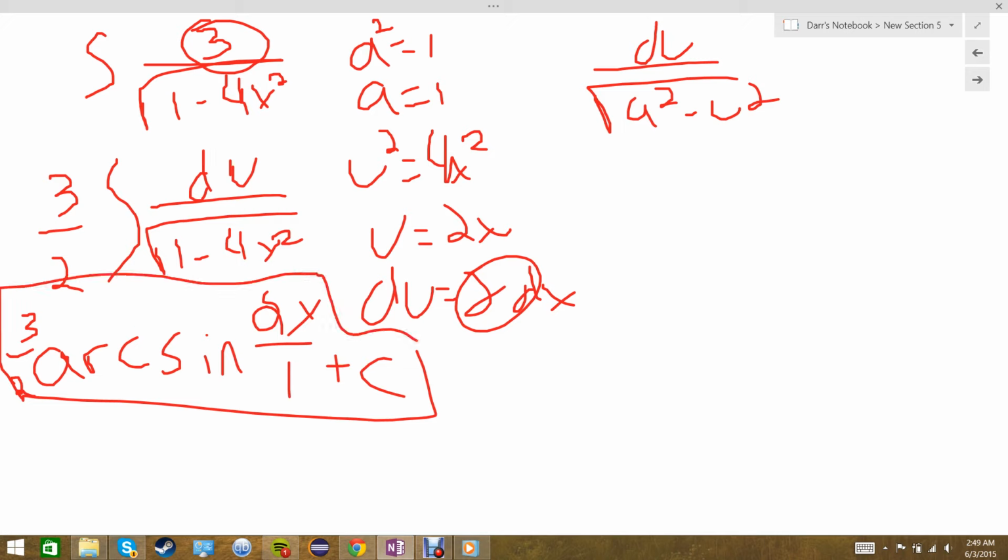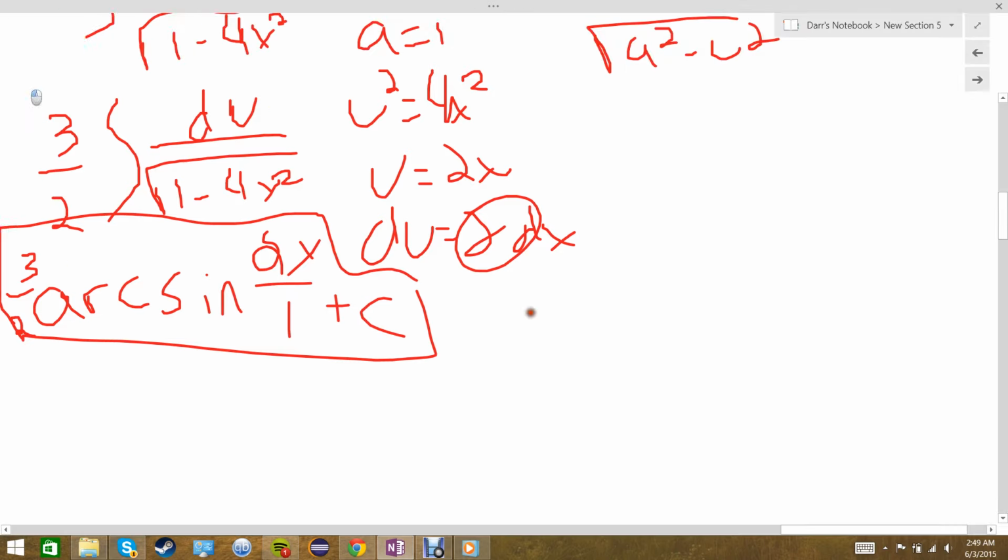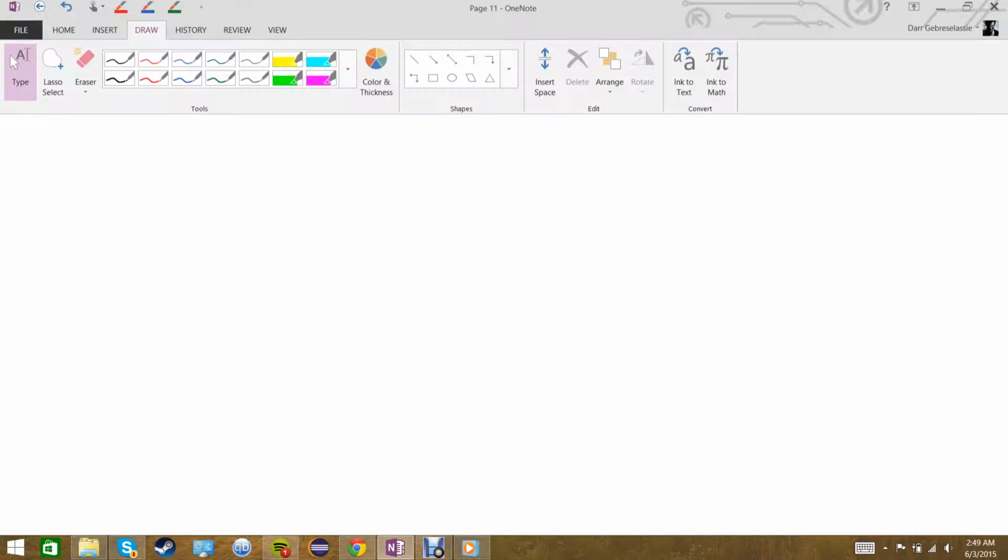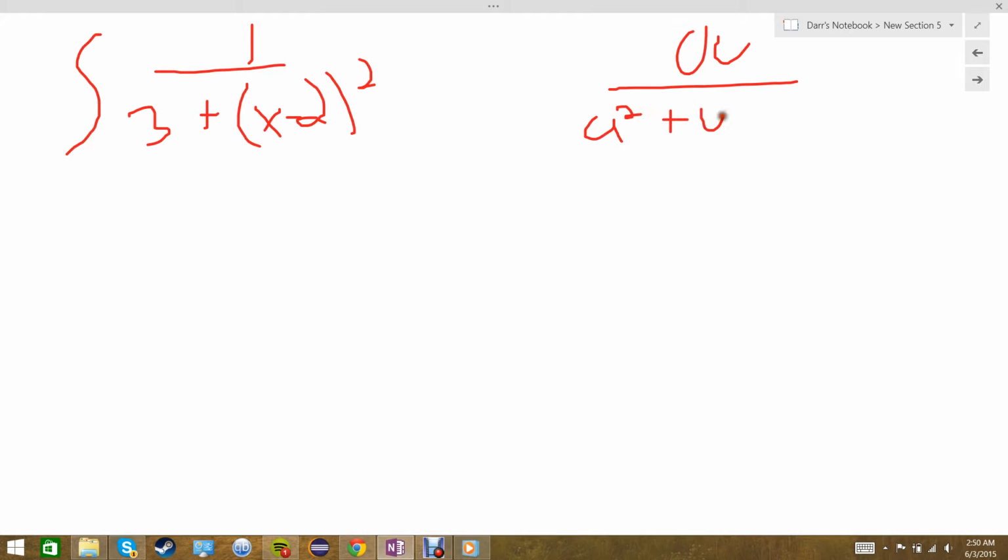Okay, let's do another problem that will use a different arc trig function. Let's take the integral of 1 over 3 plus x minus 2 squared. If I was to match this one up with an arc trig function, it would most likely be the arc tangent, which is du over a squared plus u squared.